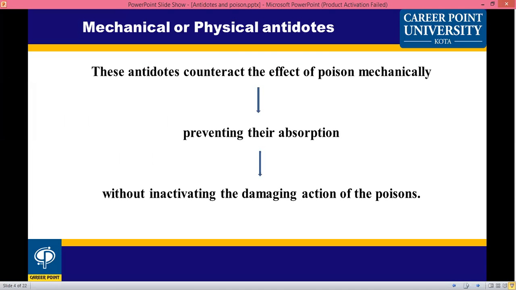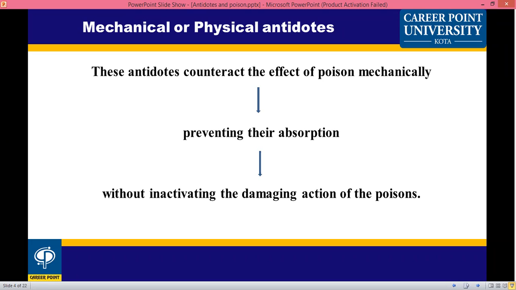The mechanism of action of physical or mechanical antidotes: these antidotes counteract the effect of poison mechanically, preventing the absorption without inactivating or damaging the action of poison.